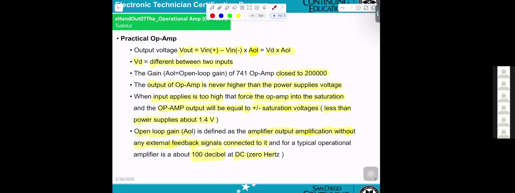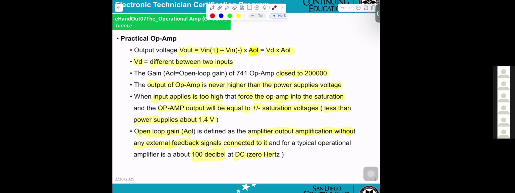However, if the output would be higher than 15 volts or lower than minus 15 volts, the op amp no longer gets the gain anymore. It will be saturated. That means the output can be equal to a maximum of 15 volts or a minimum of minus 15 volts.